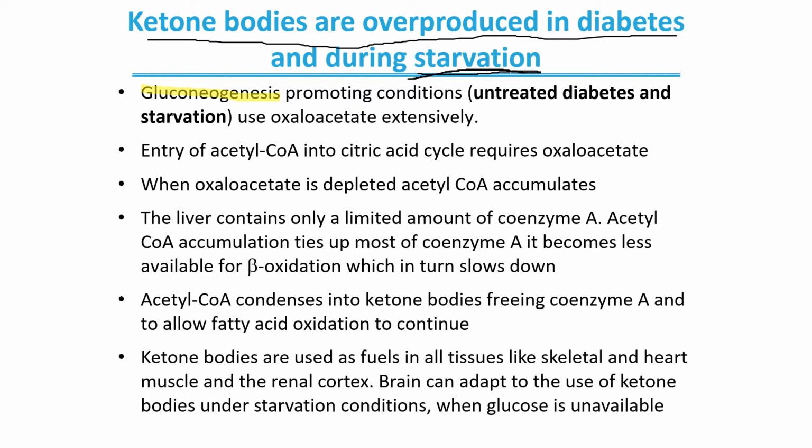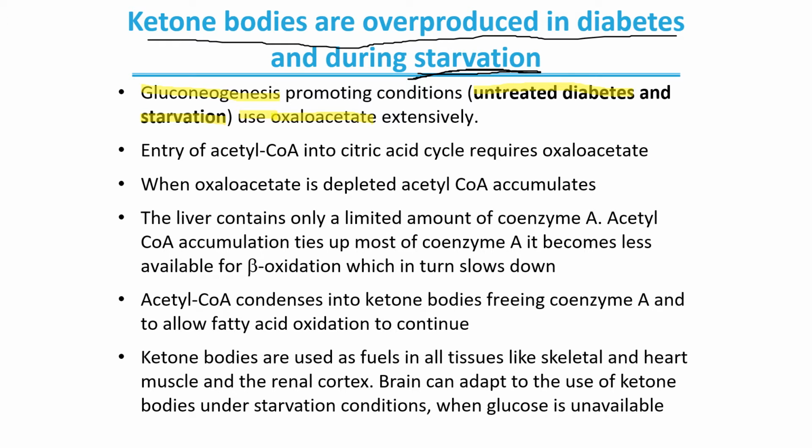Gluconeogenesis was a pathway in which we produced new glucose, and conditions like untreated diabetes and starvation are the conditions in which we have more gluconeogenesis than usual. For gluconeogenesis, we use the molecule oxaloacetate, and when we are doing more gluconeogenesis we will use this oxaloacetate extensively, more than usual.